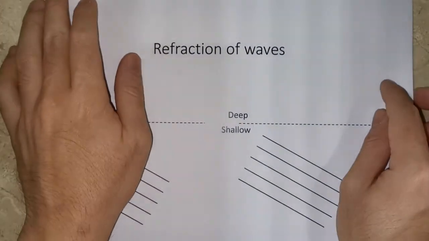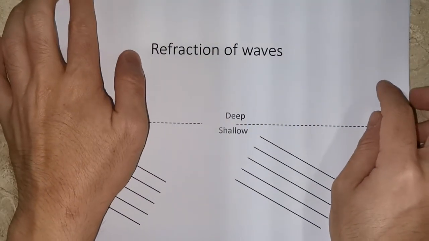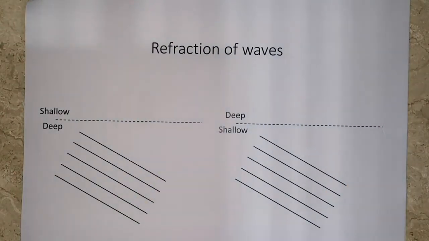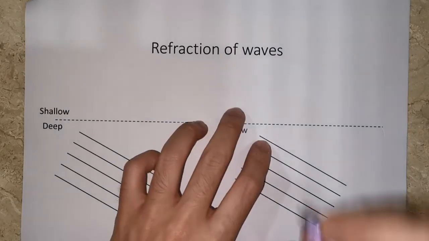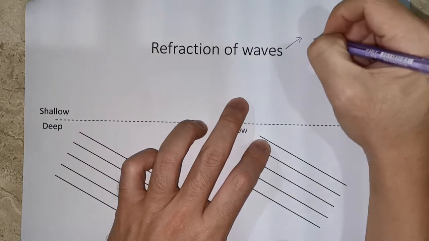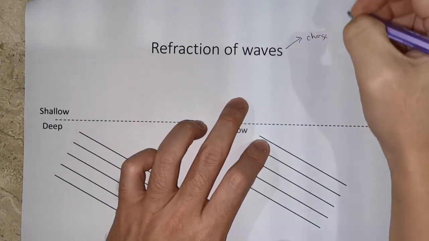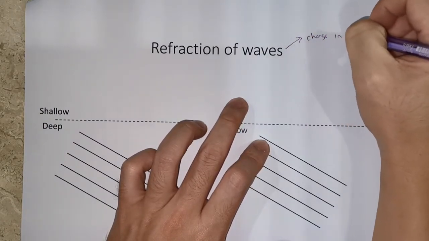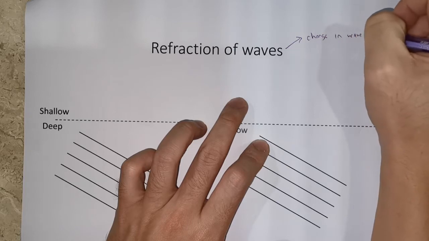Now following on from that, we've got refraction of waves. Similar to what we have covered in our previous lesson, refraction of waves involves a change in wave speed.